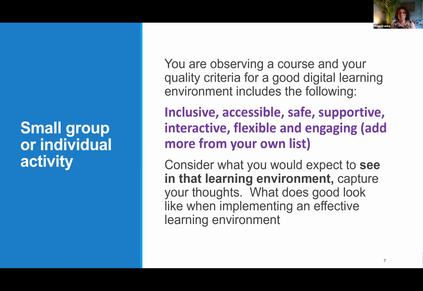And just consider what you would expect to see in that learning environment. What is it that would be the evidence that you would capture to demonstrate that what you've created, no matter what the platform, is inclusive, accessible, safe, supportive, interactive, flexible, engaging, and so on, with your own thoughts that you've captured and those that you've captured with others.